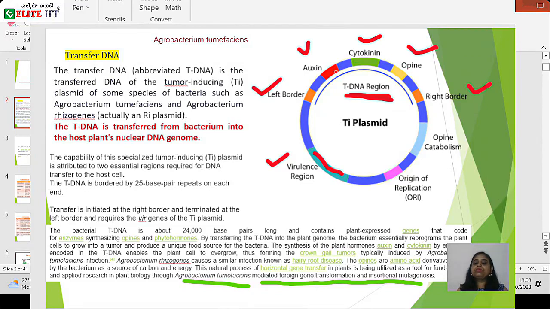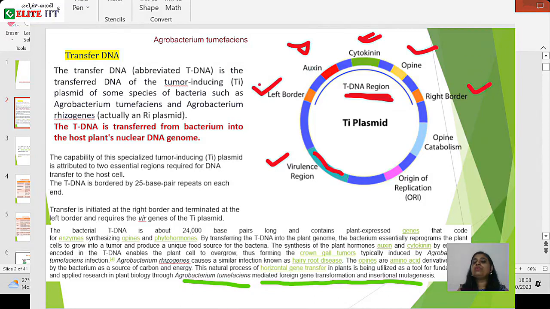Now, due to this tDNA region, whenever this TI plasmid enters any plant, what happens? Some tumor structure develops. Crown gall tumors develop. Why? Because the plant already has these two hormones, auxin and cytokinin, but the bacterium containing this TI plasmid is also producing auxin and cytokinin.